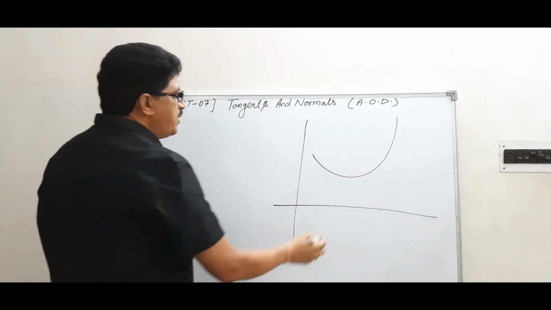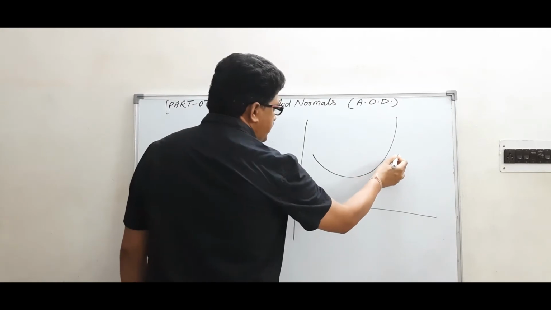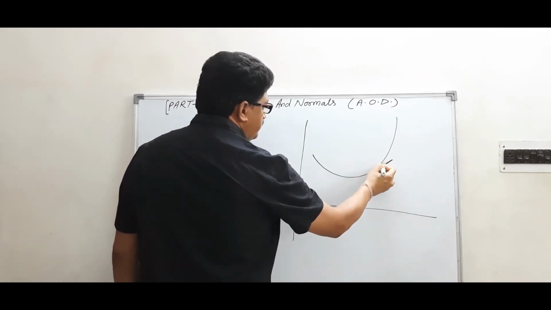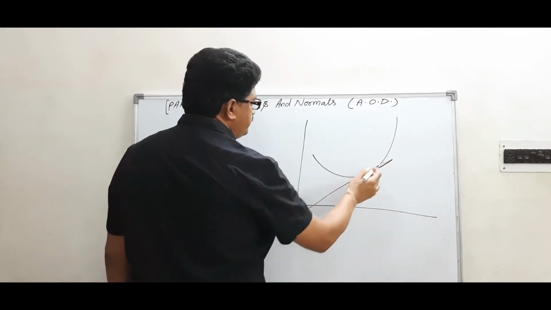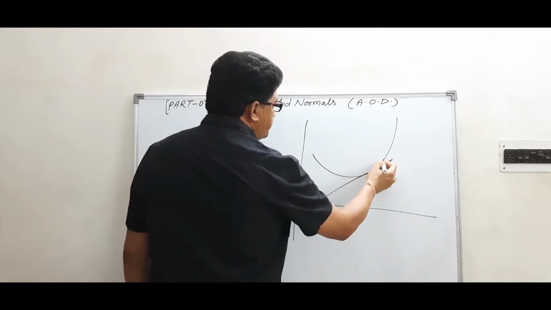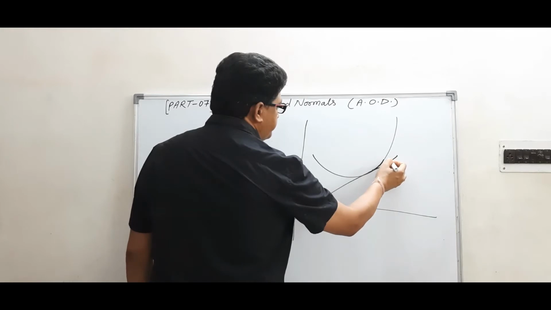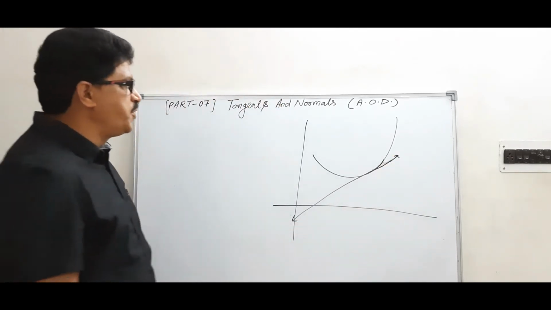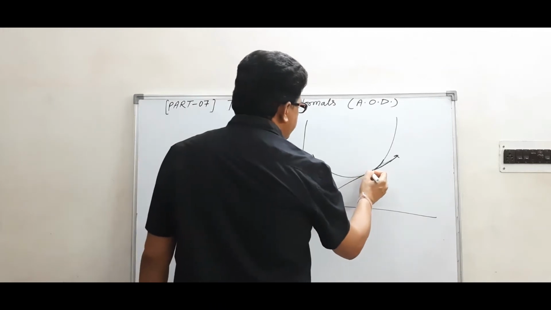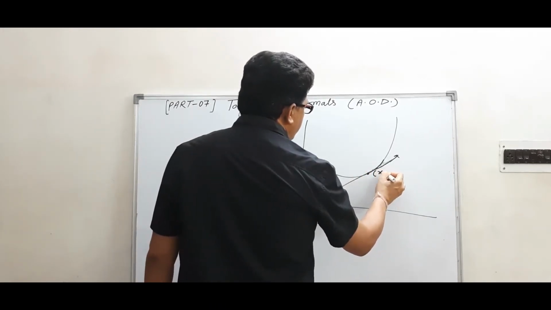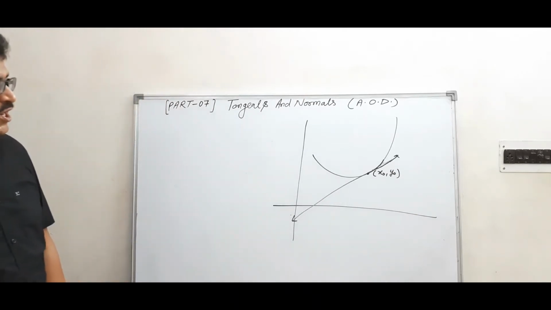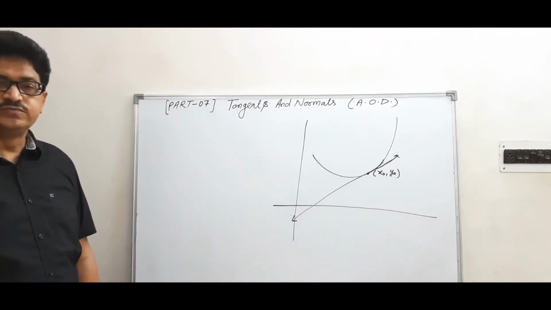But at a particular point, if we draw a tangent, suppose this is tangent, and tangent at this point is x0, y0.